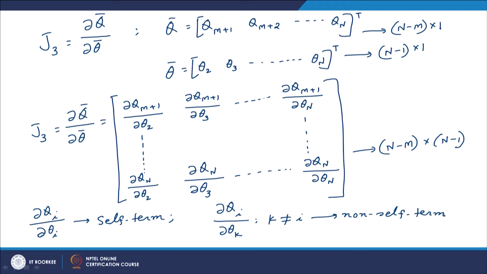So again we have to find the analytical expression of these two elements, and if we can find that, we can define this entire matrix. Now, to do that, let us write down the expression of Qi.